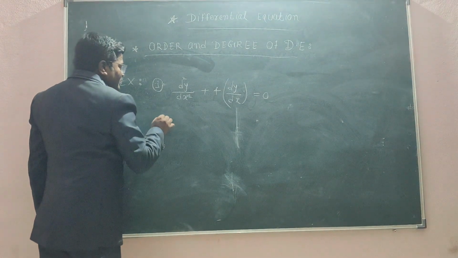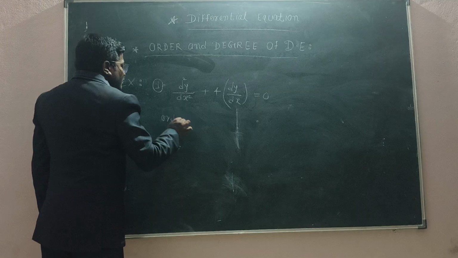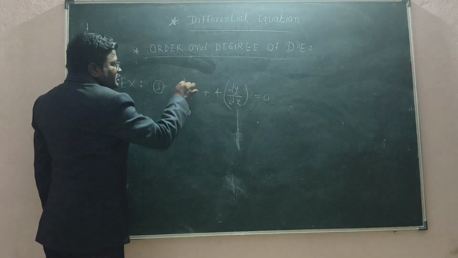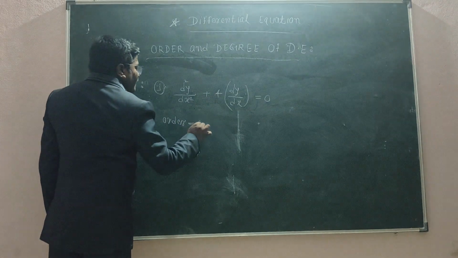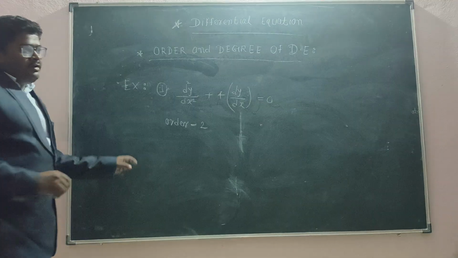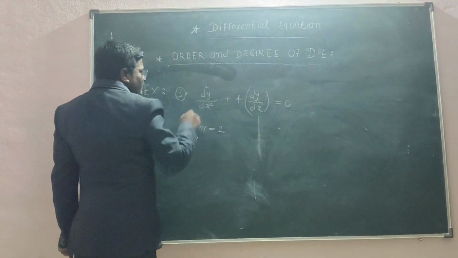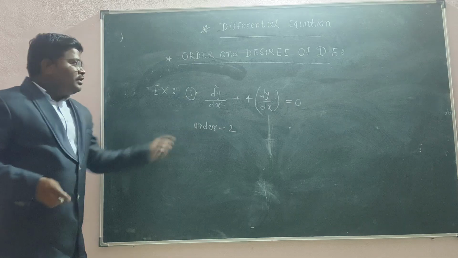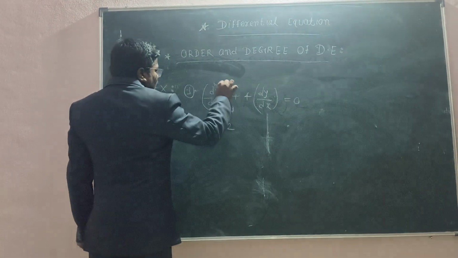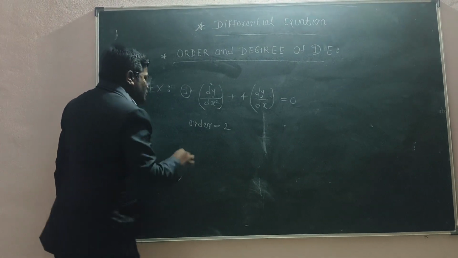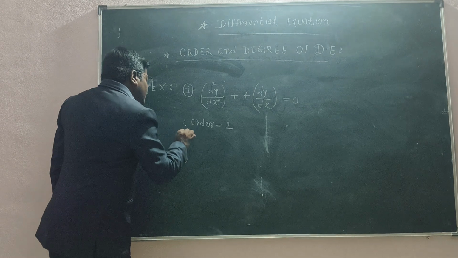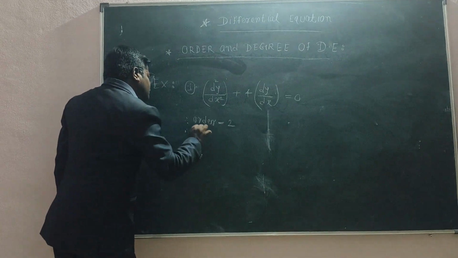So the order of that equation is 2. And the degree is the power of the highest order derivative, and the power of that derivative is 1. So the degree of that equation is 1.